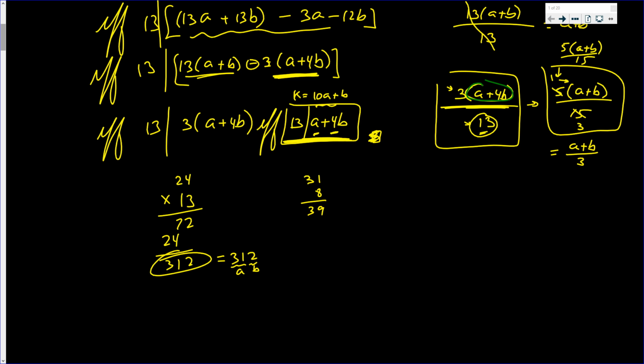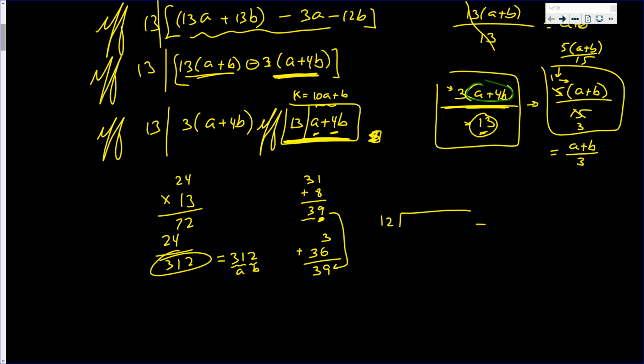Does 13 go in there? Well, you probably should know that 13 times 3 is 39. Now, if you didn't, you're kind of in trouble, because now I take a and I add 4b, which is 36. And I was going to say we're going to get a pretty big number again anyways, but we actually got the same number.